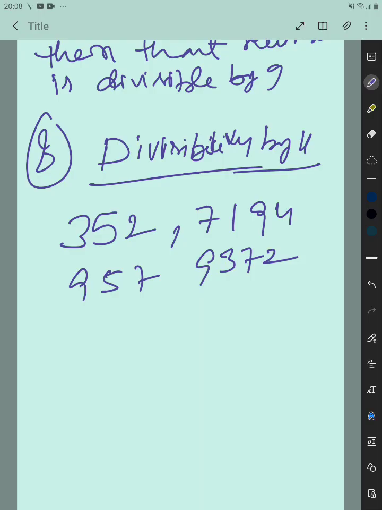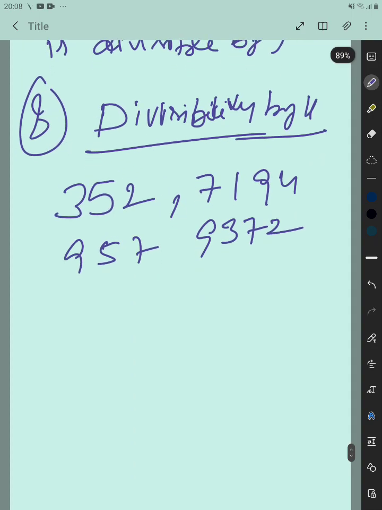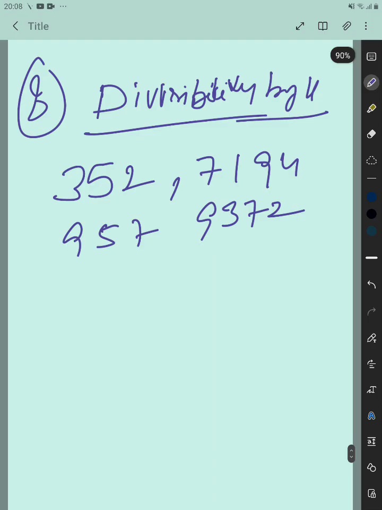First, the sum of the digits at odd places, and the sum of the digits at even places. I will explain this. Then take the difference of these odd and even sums.